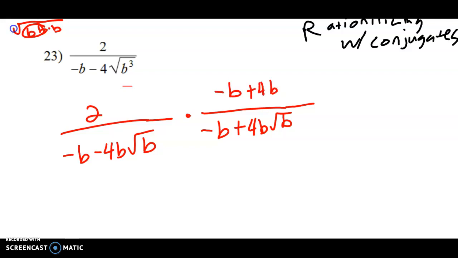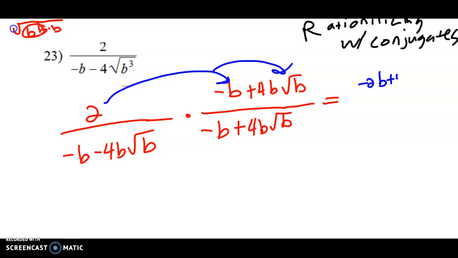Negative b plus 4b root b. Now, if we take a look at our numerator, we just distribute that numerator in, and we get negative 2b plus 8b, because 2 times 4 is 8, root b. That's our numerator now.